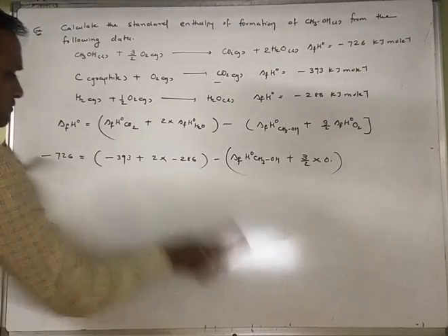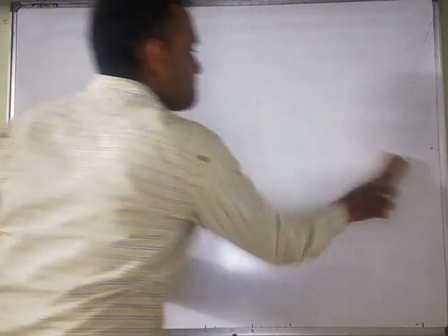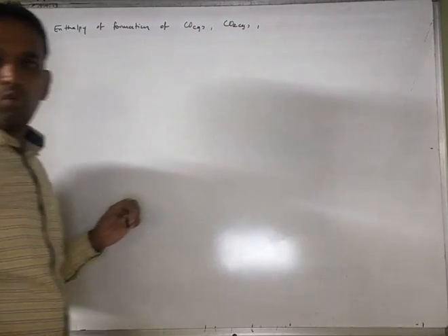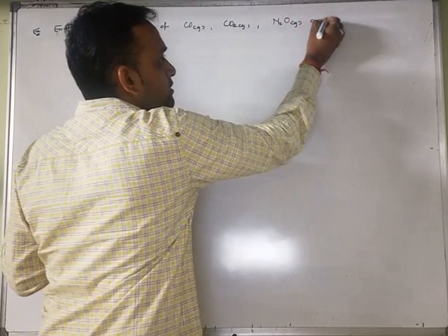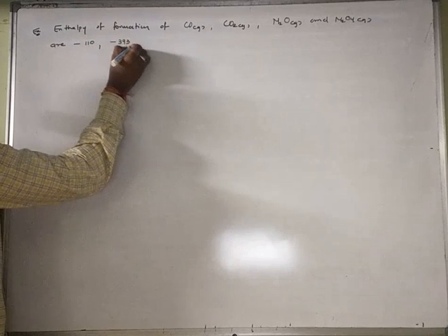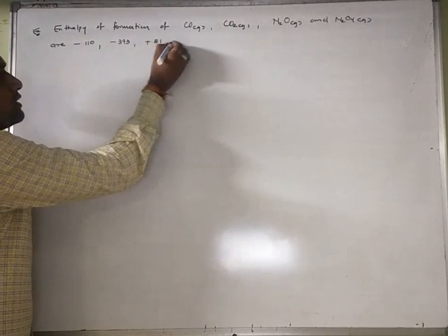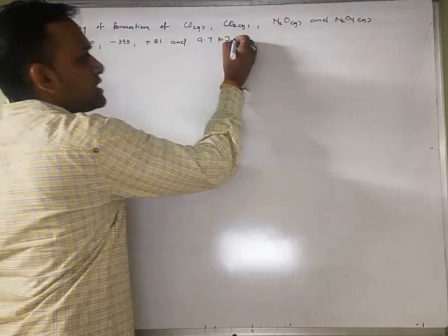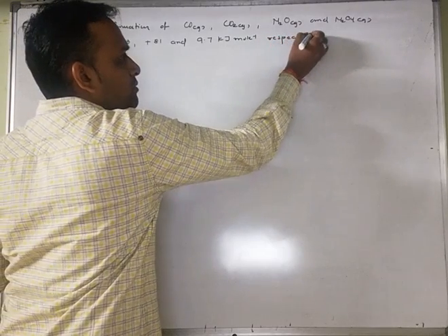चलो लास्ट एग्जांपल देखते हैं. Enthalpy of formation of CO gas, CO2 gas, then N2O gas and N2O4 gas are -110, -393, -81, sorry, +81, and last one, that is 9.7 kilojoule respectively, mole inverse respectively, right?